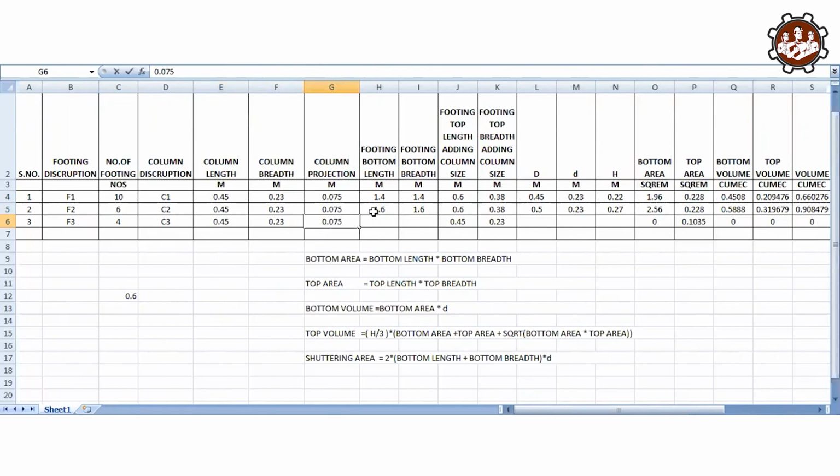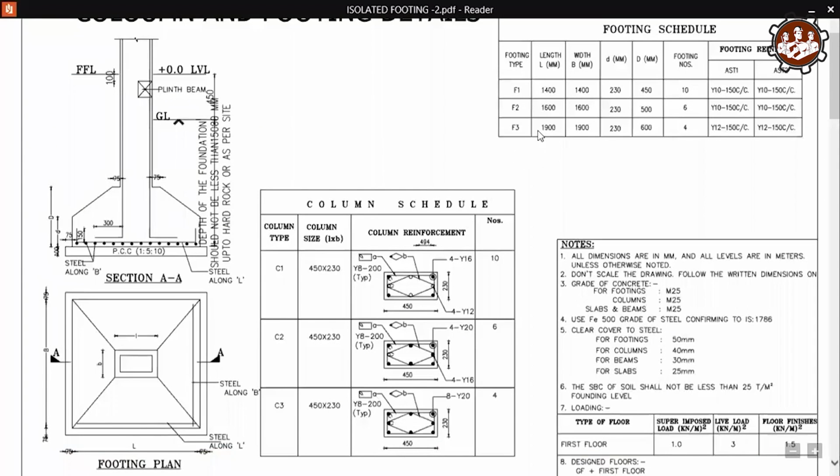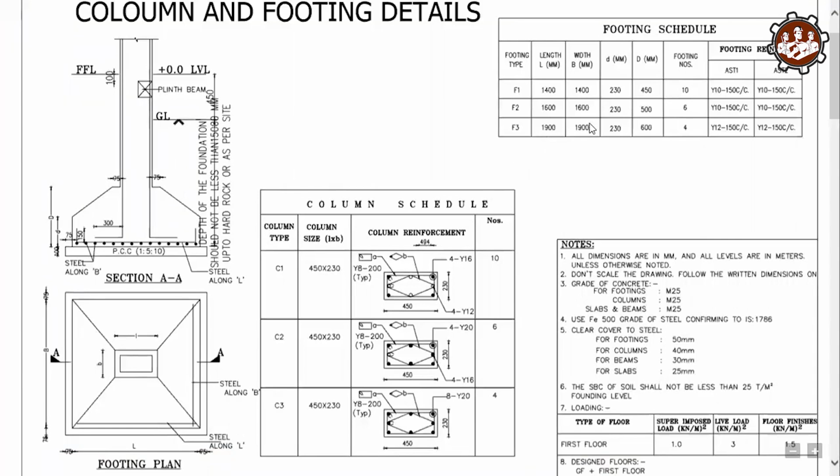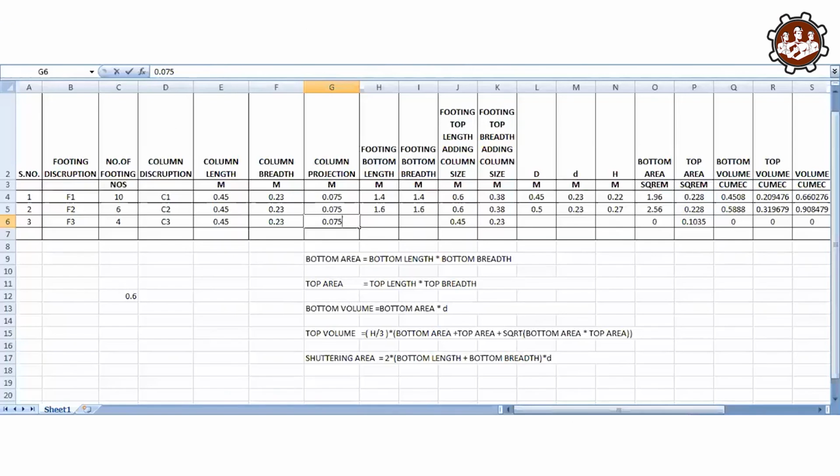For the footing bottom length and bottom breadth, you can see from the drawing that it is 1.9 meter by 1.9 meter.